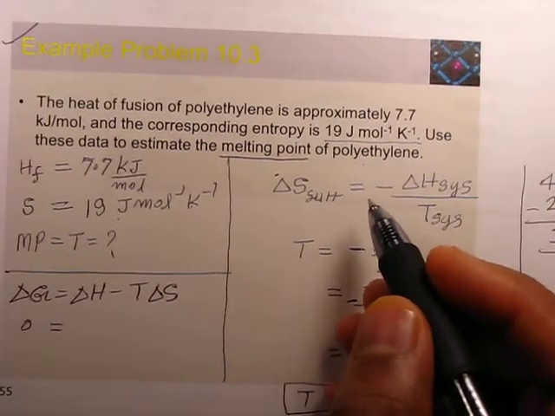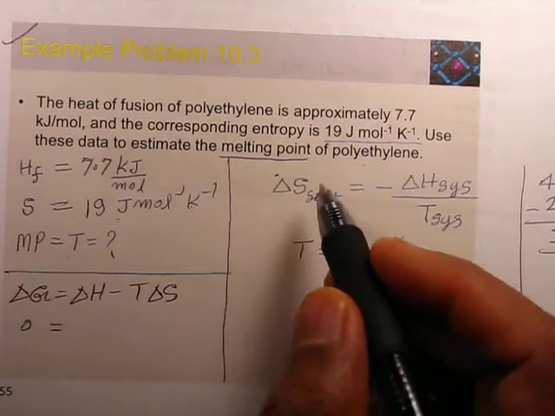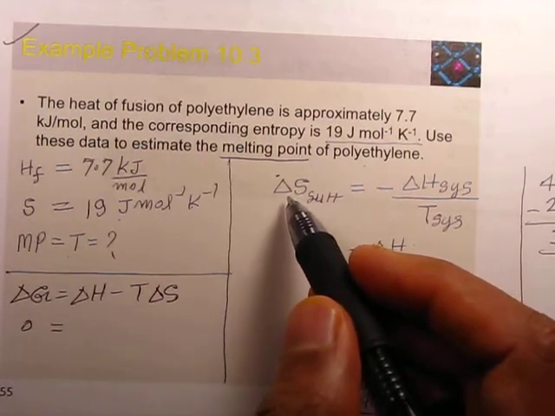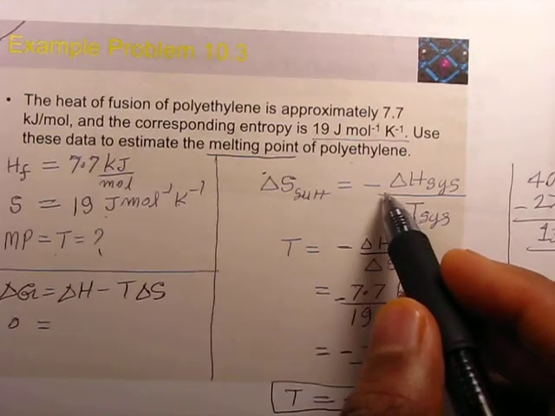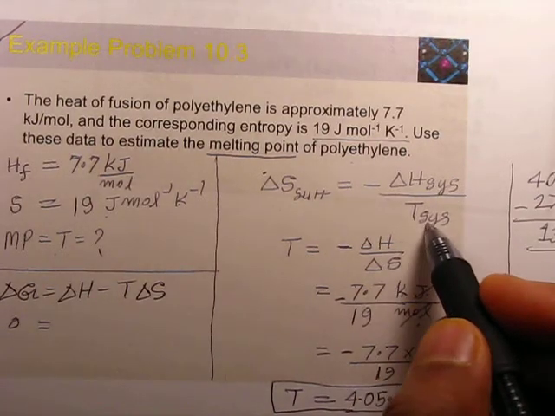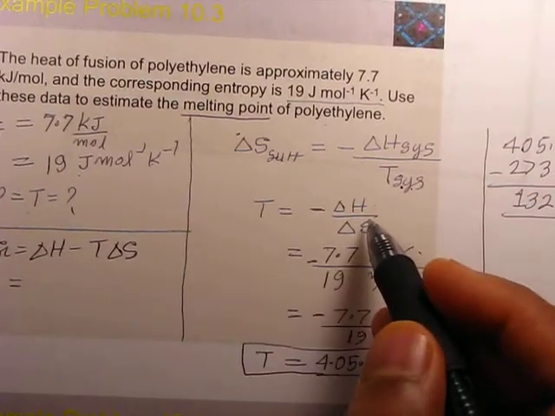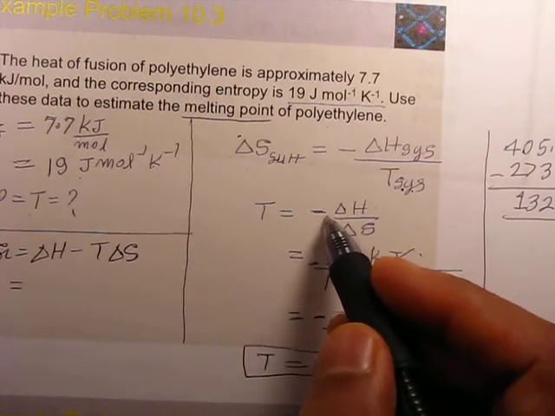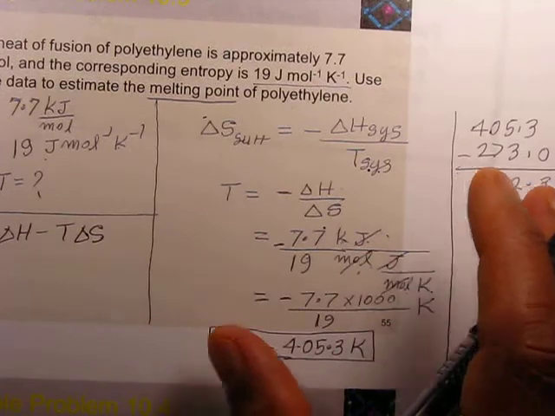We can utilize this relation. We can rearrange this equation: delta S of surrounding, the entropy change in the surrounding, will be equal to minus delta H of system divided by T of system. So here the temperature, which is the melting point, will be equal to delta H divided by delta S, and the values are already given.